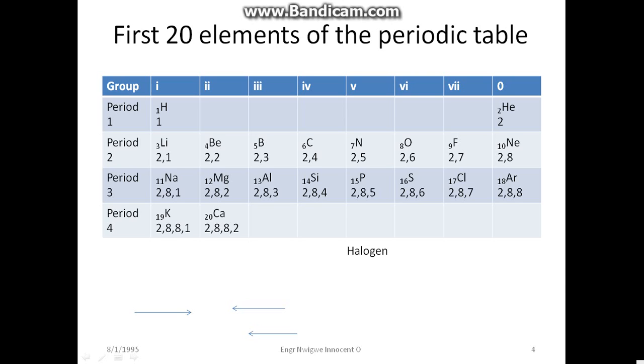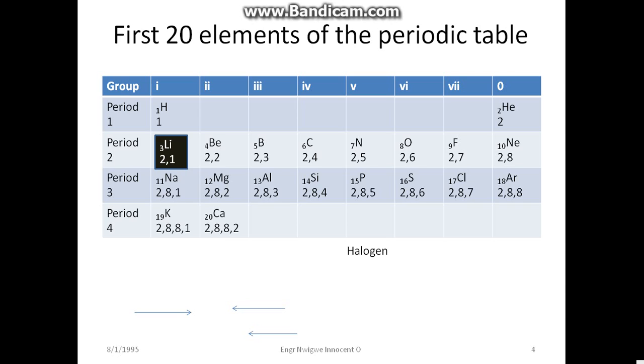Group 6, period 3, we have sulfur. Group 7, period 3, we have chlorine. Group 0, period 3, we have argon. Group 1, period 4, we have potassium. Group 2, period 4, we have calcium.